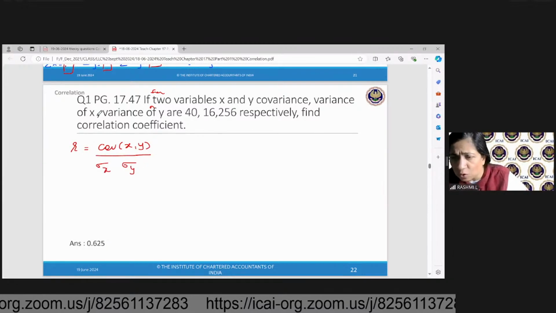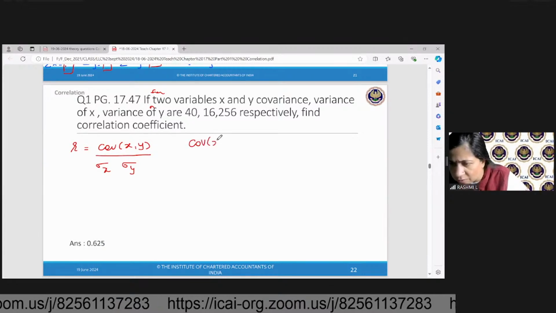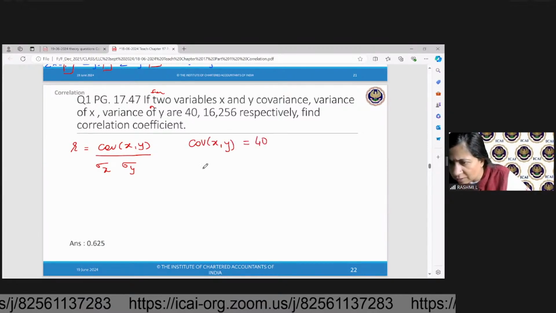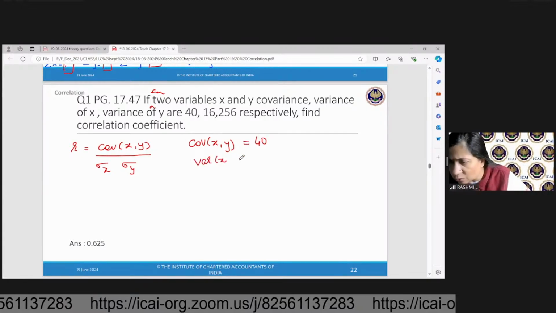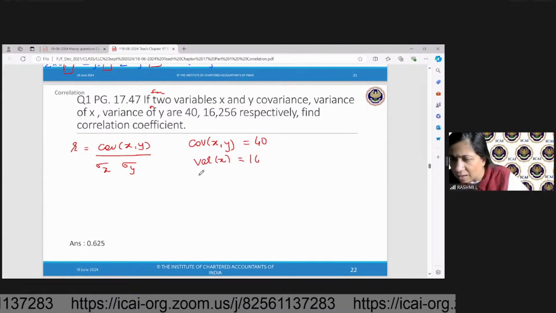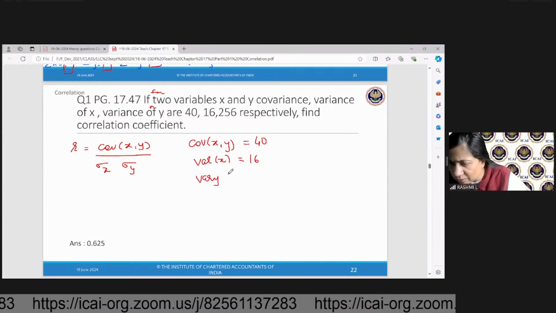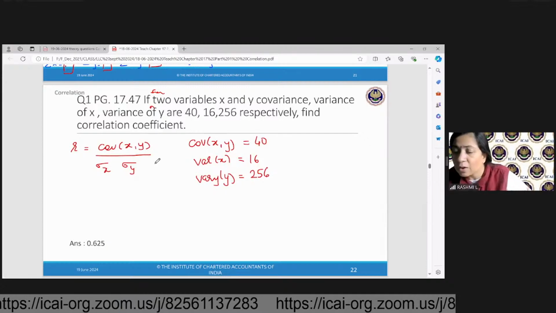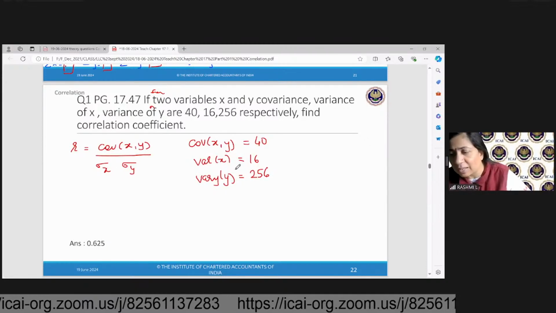What is given? Covariance of xy is given to you as 40. Variance of x is given as 16, and variance of y is given as 256. Now, here what is required is standard deviation and not variance.